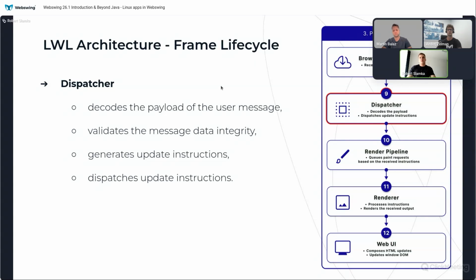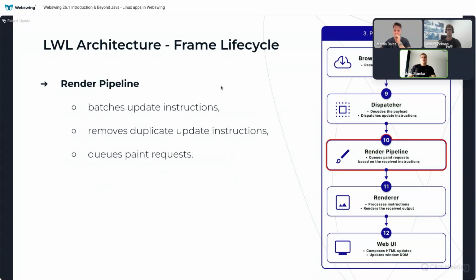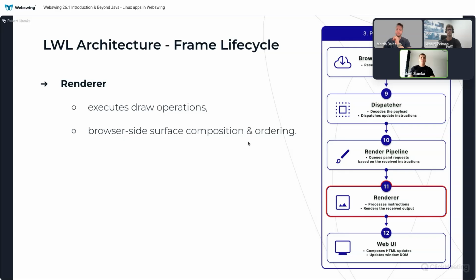The dispatcher then generates update instructions and dispatches them directly into the render pipeline. The render pipeline then batches those instructions and yet again removes any duplicates and queues actual paint requests. And these paint requests are then being processed by the renderer, which actually executes draw operations and performs browser-side surface composition.